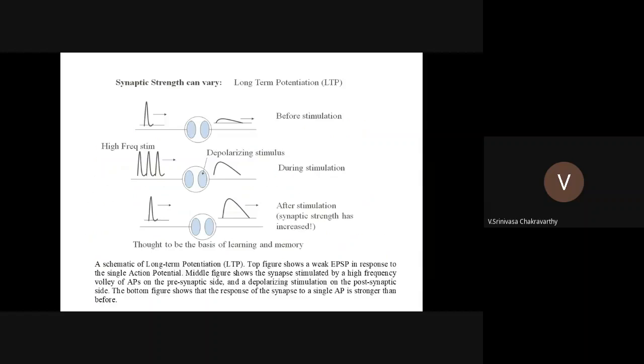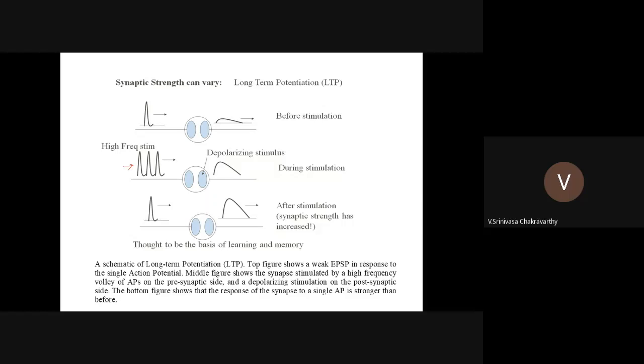We also have looked at LTP. I think I'll skip this. We know that if a synapse is initially weak, and you present a high-frequency stimulus on the input side and then depolarize the output side, and do this over and over again for about 10-15 minutes, the synapse becomes stronger and the PSP increases. Similarly, we give high-frequency input on the presynaptic side and a hyperpolarizing stimulus, a negative current, on the postsynaptic side, over and over again.